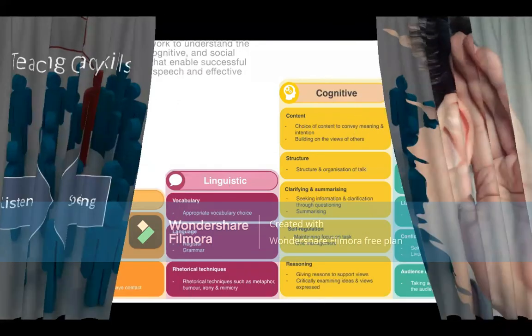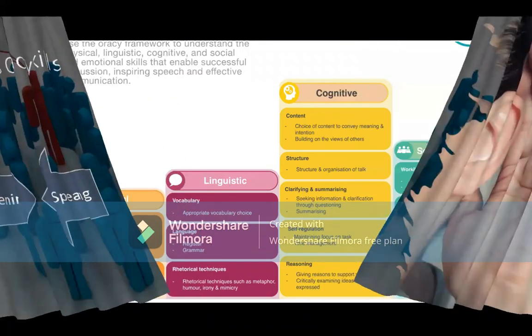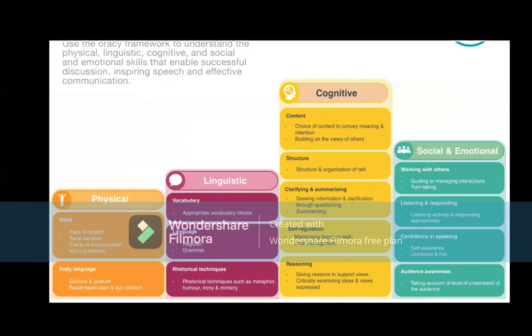You may see here, it includes physical, linguistic, cognitive, and social and emotional aspects of learning. It is a vital tool to teach our students to become more effective speakers and listeners.